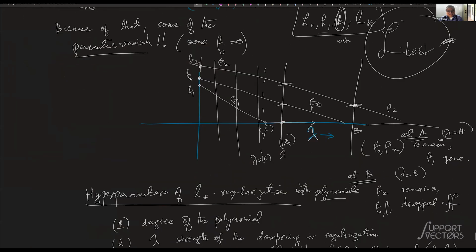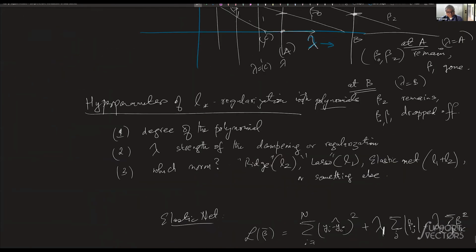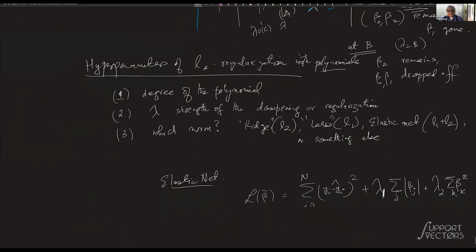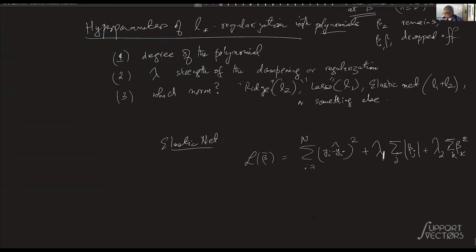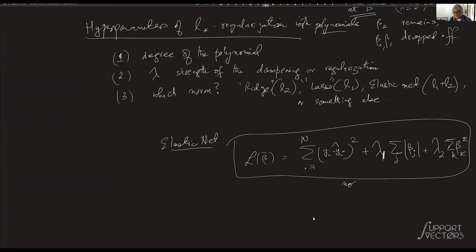Now, this is what we did. Elastic net dampening. By the way, there's an error in this expression. I just noticed that this is not the exact expression. There is more to it. It is almost like this, but not exactly this.